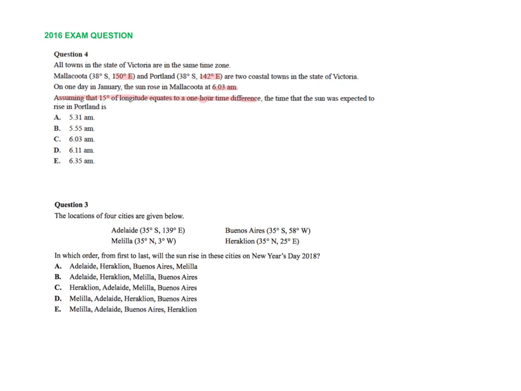So if you have a look, Malakuta is further east, it's bigger, so it gets the sun first. Okay, so we want to work out what the time difference is.